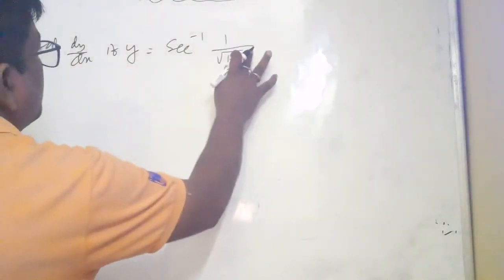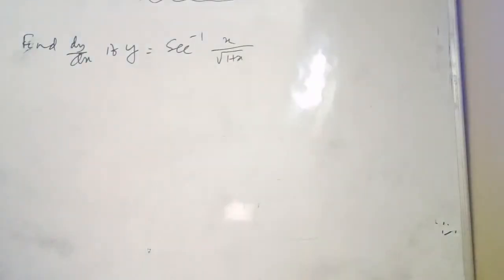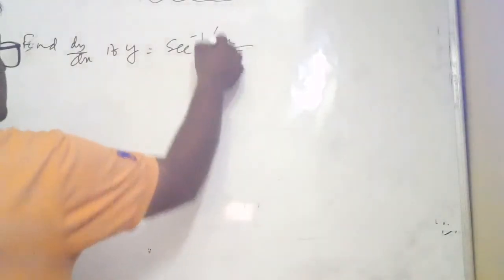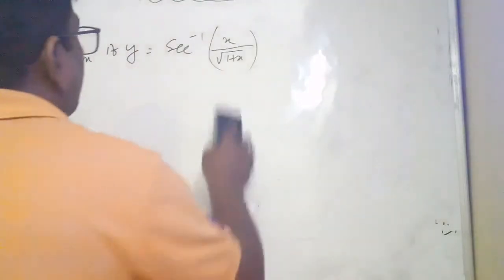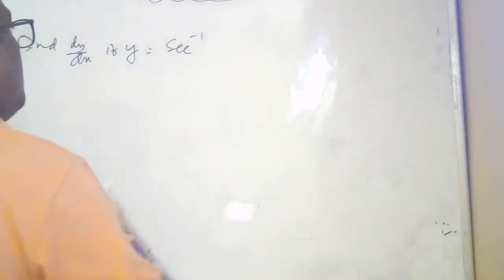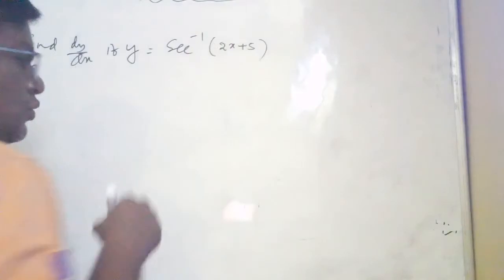Suppose this is x by root over 1 plus x. The question is, suppose y equal to sec inverse of 2x plus 5. Simple question.